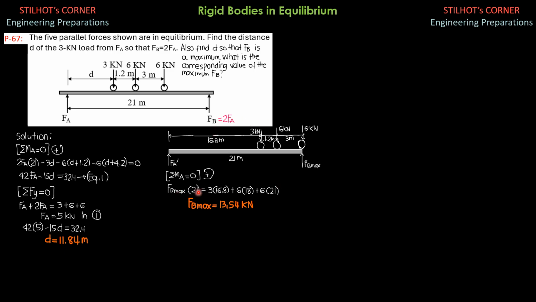So FB max times 21 equals 3 times, this should be 16.8. 16.8 is 21 meters minus 3 minus 1.2. So FB max times 21 equals 3 times 16.8 plus 6 times 16.8 plus 1.2 is 18 meters, then plus 6 times 21, of course. So solving for FB max is 13.54 kilonewtons.